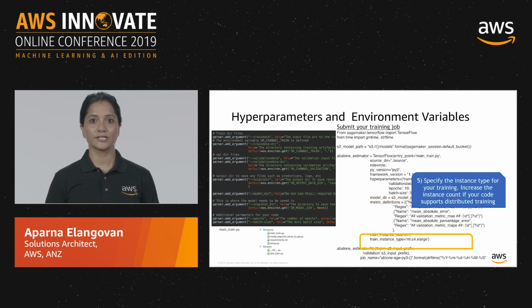Finally, you tell SageMaker what type of instance to use for your training job. In this example here, we are using an ml.c4.xlarge instance type. And this is it.